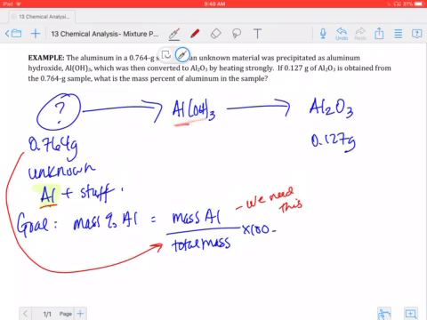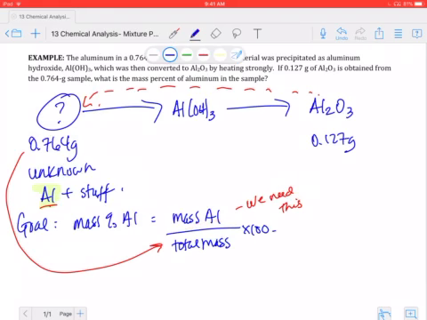If I can figure out how much aluminum, just aluminum, is in this last amount of aluminum oxide, all of that aluminum had to have come from the original sample. That will be the number that I want here.